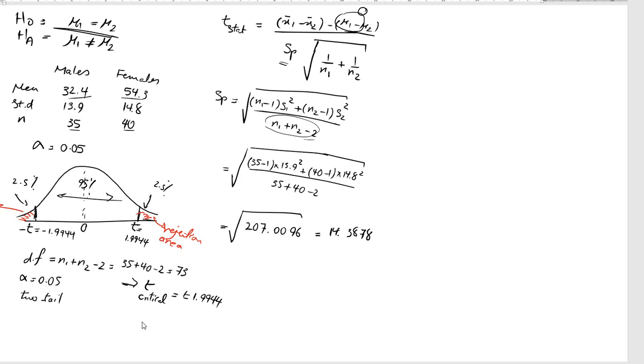So the t-stat would be x bar 1, which is 32.4, minus 54.3, over 14.3878 times the square root of 1 over 35 plus 1 over 40.